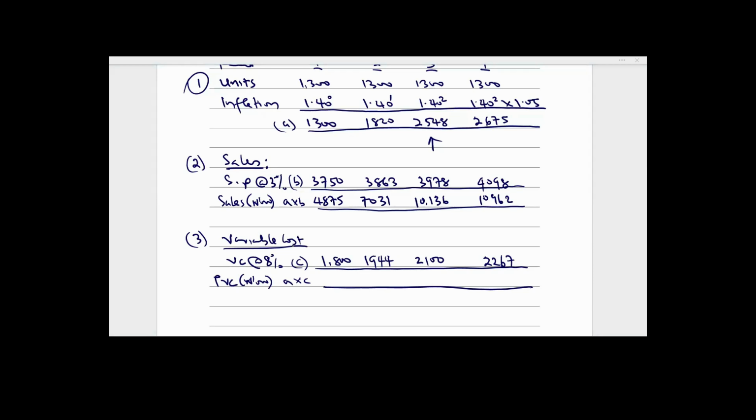The second one, 3,538. Then year 3, 5,351. So that's that.